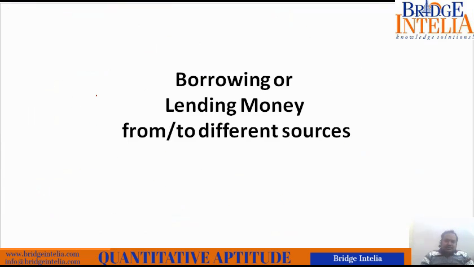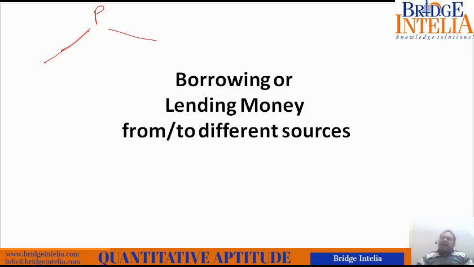Now let's move to the next pattern of questions. So the next pattern of questions is based on the funda of borrowing or lending money from more than one source. So for example, if you have a certain amount of money, instead of lending the money to a single person, you lend it to two persons. So basically, the amount will be given and you are lending it to two different people.